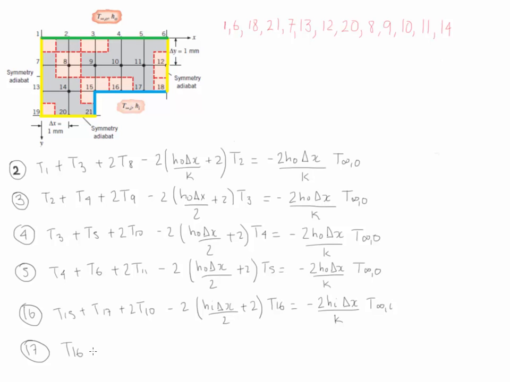So it's T16, T18 plus 2 times T11 minus 2 HI delta X over K plus 2 T17 now minus 2 HI delta X over K T infinity I. And these are the nodes once again for the convection plane. Please make sure to go back and be able to do each one of these equations.